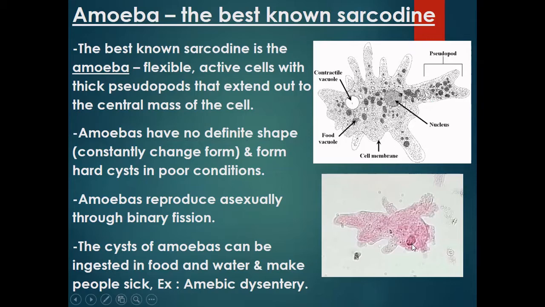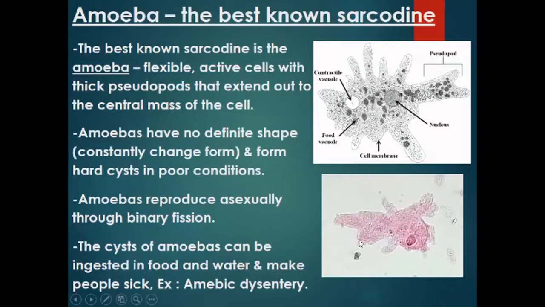And a distinct nucleus. In a simple microscopic slide, this is the Amoeba proteus. What you can see in a microscopic slide with a simple stain is the nucleus. Then the rest is the cytoplasm.